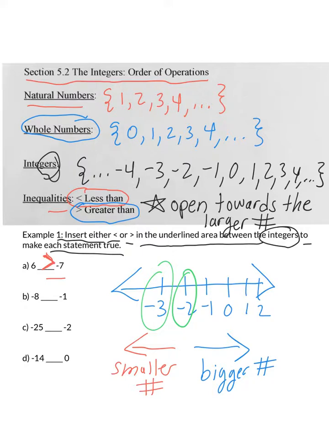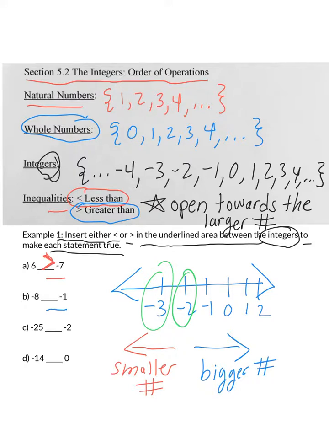So I'm going to draw, in this case, a greater than symbol, but the point is I'm opening towards 6. B, they want us to compare -8 to -1. So -8 means I owe $8 versus -1 means I owe $1.